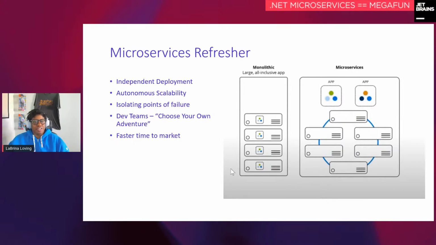And then there's another development team working on another feature that might be a little bit further out. Typically we have to schedule and work together to get our features deployed together. But in a microservice architecture, we can work on those separately. We can deploy those separately.